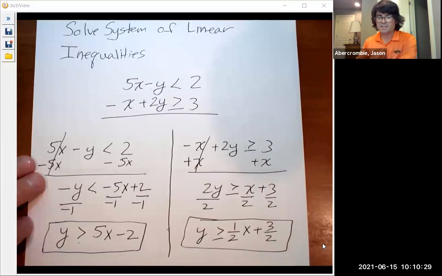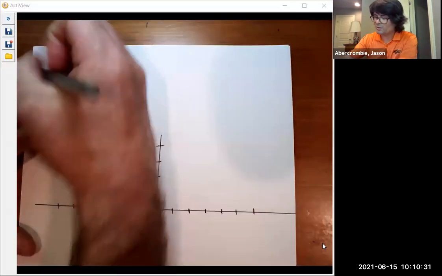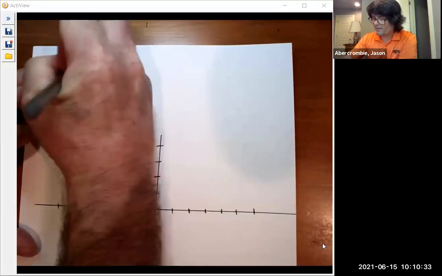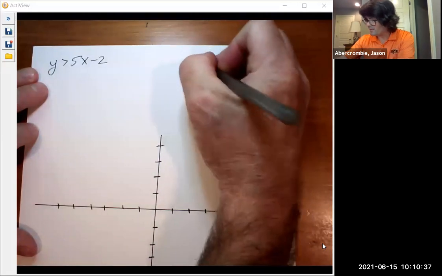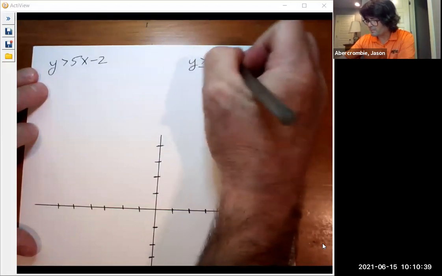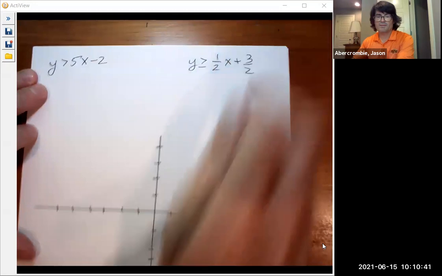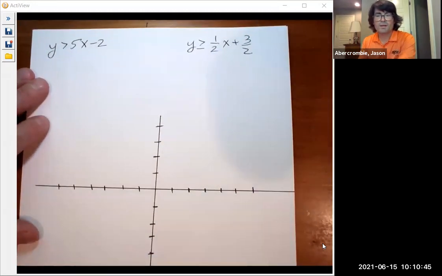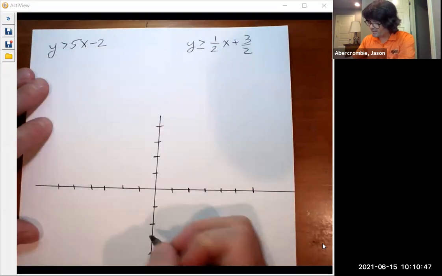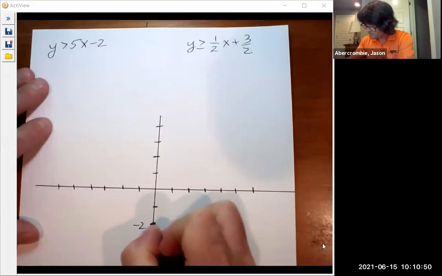Okay, I'm going to transfer these inequalities over to my next page. We had y bigger than 5x minus 2, and y bigger than or equal to 1/2 x plus 3/2. We're going to put these on my coordinate plane here. I'm going to start with this one at negative 2 right there.